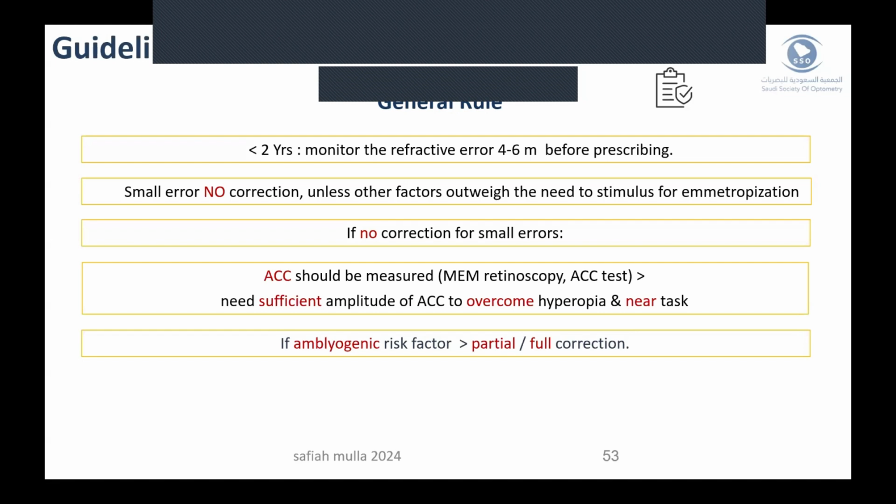If they have any amblyogenic risk factor, then you go on and do partial or full corrections according to the need of the child. And we will see this in the future slides.